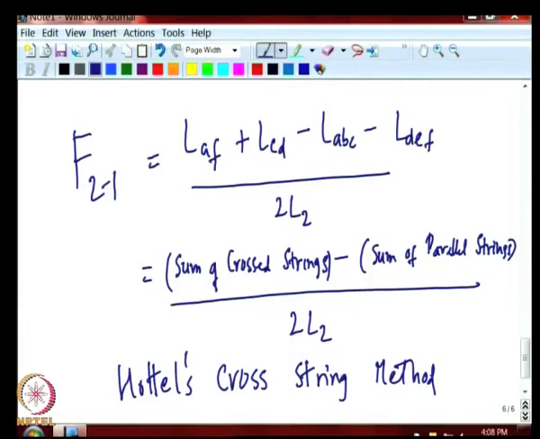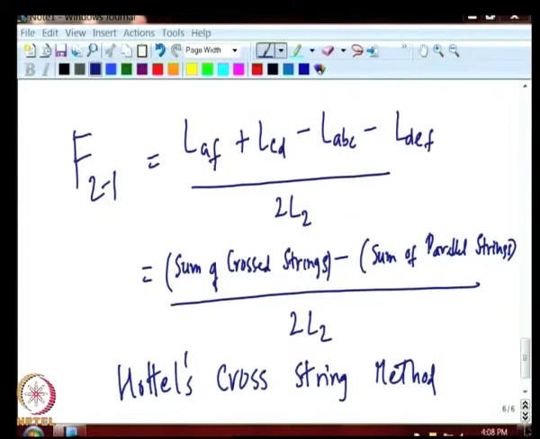Okay. So, I am now going to give a series of examples to show how to apply the Hottel's cross string method to a number of practical situations. And you should also try this out with a few more examples to ensure that you are able to get results without making any serious error.